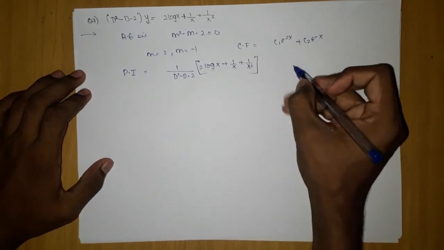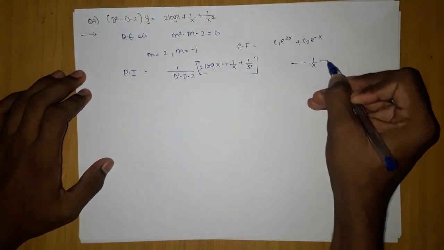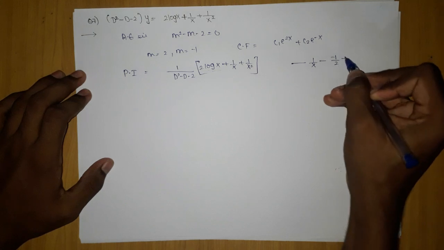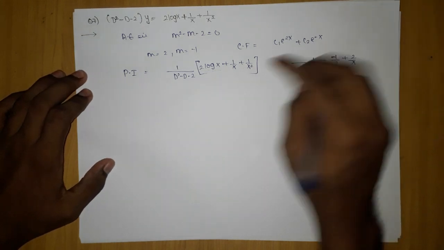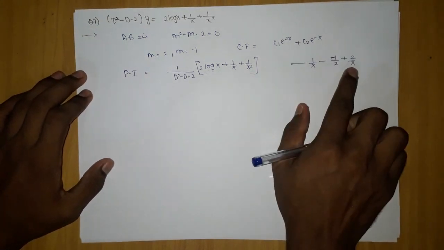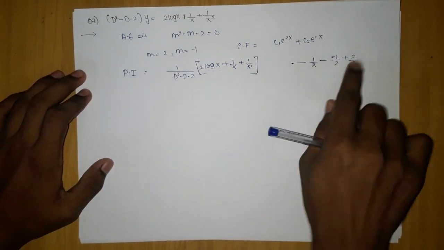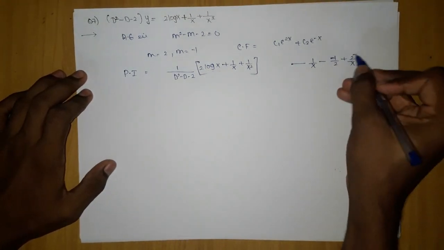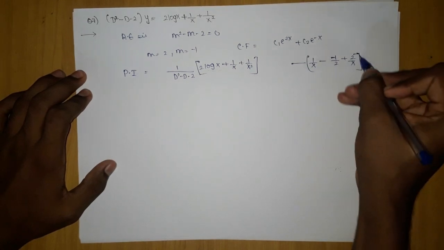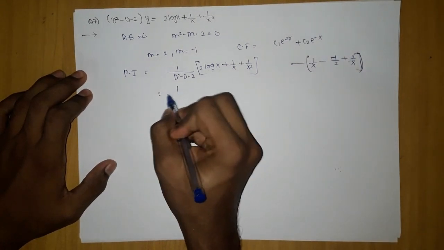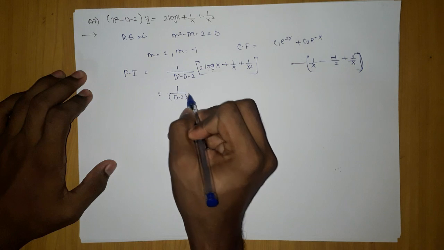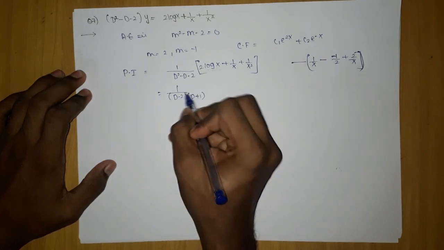So if you observe, if we write 1 by x as minus 1 by x plus 2 by x, then you will understand what I am telling. Let me write here. This can be expressed as D minus 2 into D plus 1.